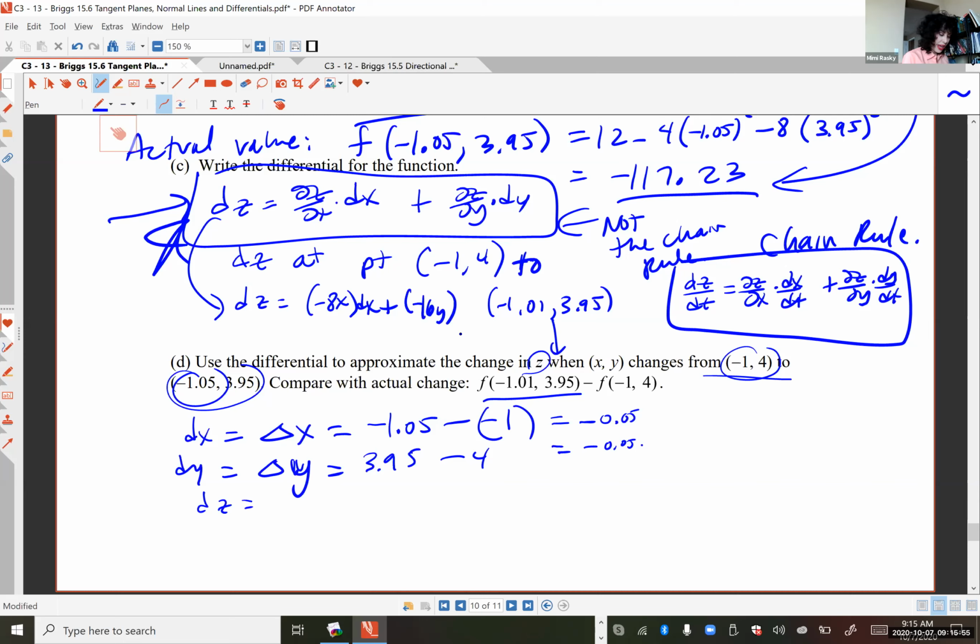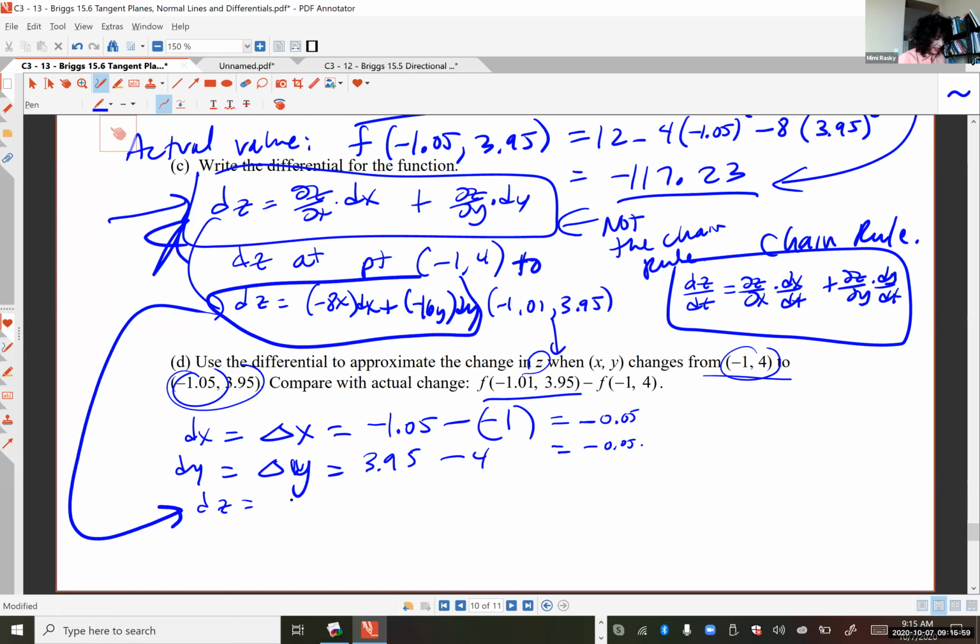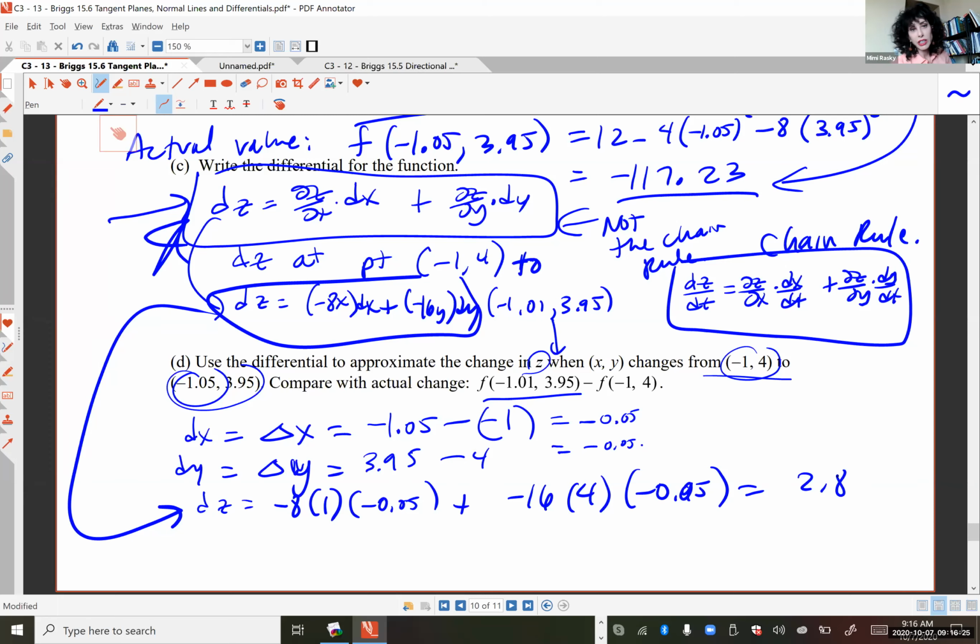So if I use that down here, I'm going to get -8 times the starting point x times your dx plus -16 times y, which is 4, times your dy. And you should get, if my things are correct here, I got 2.8. So that's your approximate change in altitude.